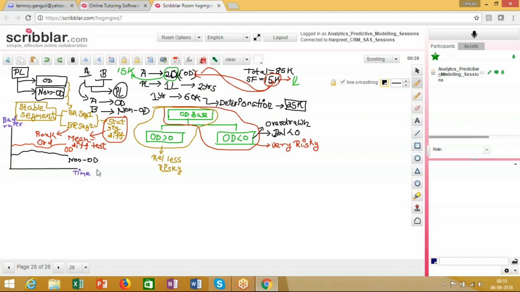So if it's a risky segment, then at each point of time it always is a risky segment. It must not be that at some point of time it is risky and at some point of time they become very similar segments. That should not be the case. The relative ranking of the riskiness must be the same throughout each given time point.